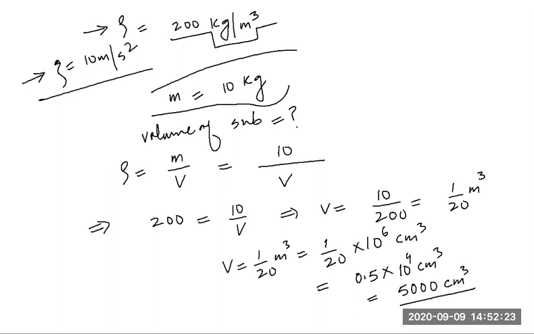Okay, students, do one more question. Please do one more question. The density of a substance is, let us say, 700 kilogram per meter cube.